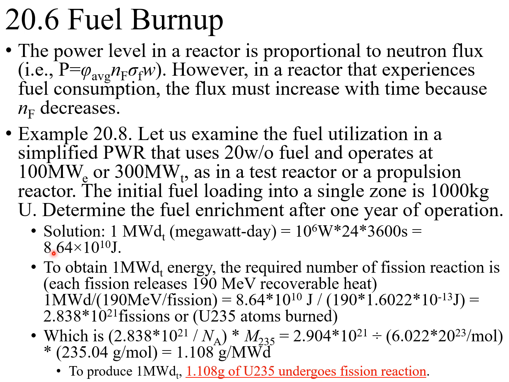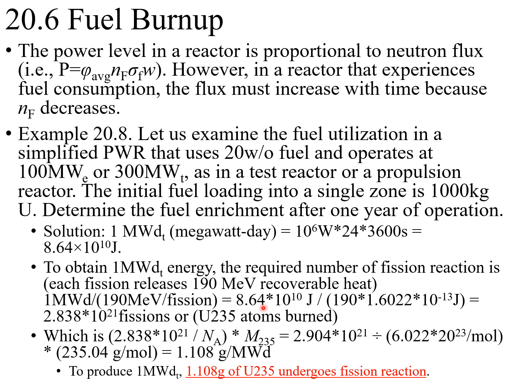And to obtain 1 megawatt day energy, the required number of fission reactions can be calculated in this way. We know that each fission releases 190 MeV recoverable heat. Then we can simply calculate how many fission reactions are needed.